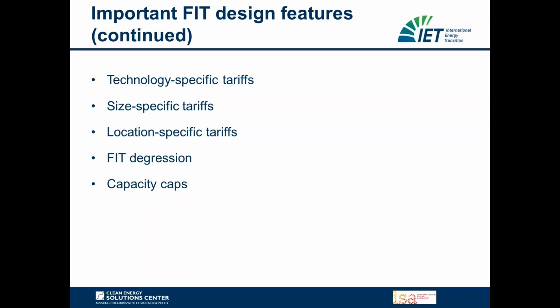So in countries where you have a large variety of solar PV resources, you can say you get a slightly lower tariff in areas with very good solar resources, whereas in other parts of the country where you have less sunshine, you will get a slightly higher tariff. However, you always have to keep in mind the advantages and disadvantages of these location-specific tariffs.